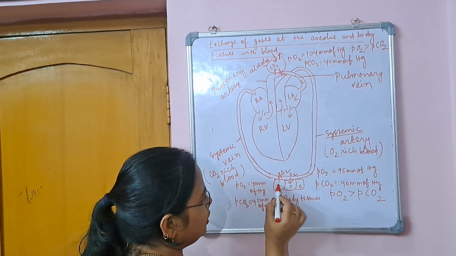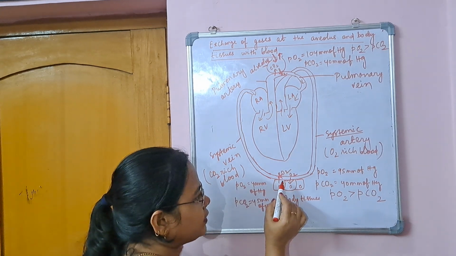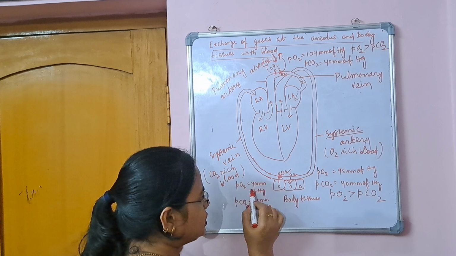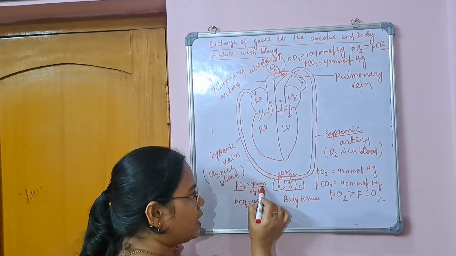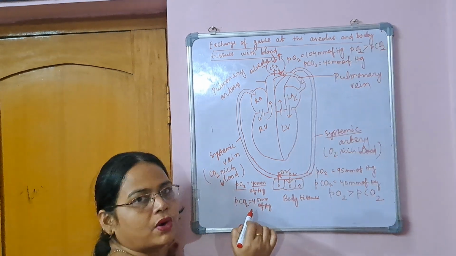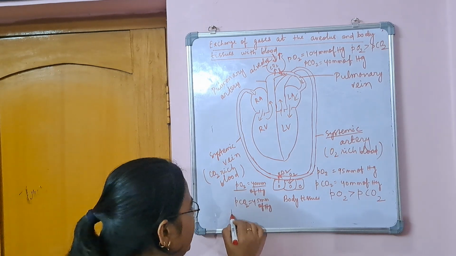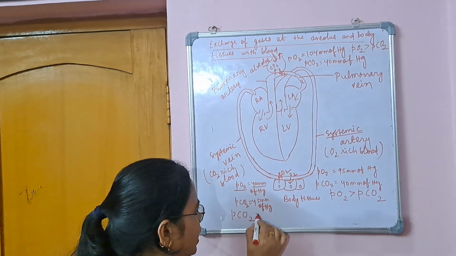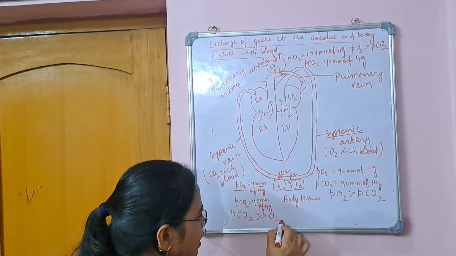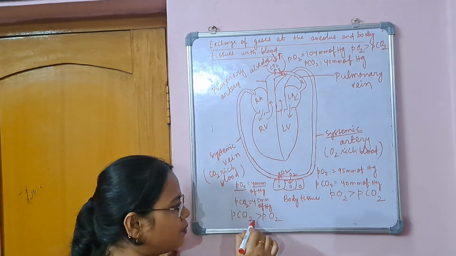And here whenever the exchange is occurring and CO2 is released, at that time PO2 is 40 mm of Hg and PCO2 is 45 mm of Hg, and here PCO2 is greater than PO2. The partial pressure of carbon dioxide is greater than the partial pressure of oxygen.